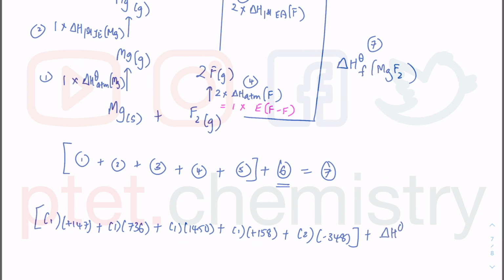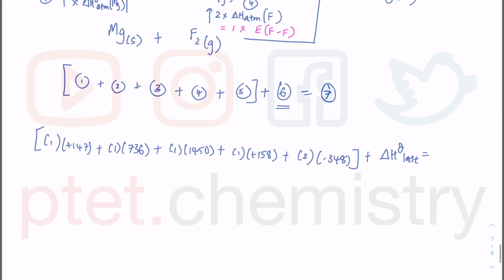6 is going to be your lattice enthalpy, which is what I want, and 7 is going to be your formation of MgF2, which is given in the question, equal to -1102. So what I do next is I just make the lattice enthalpy the subject, and then I have a minus because all of this is a plus. Then I just work out whatever is in the bracket and press everything into your calculator.